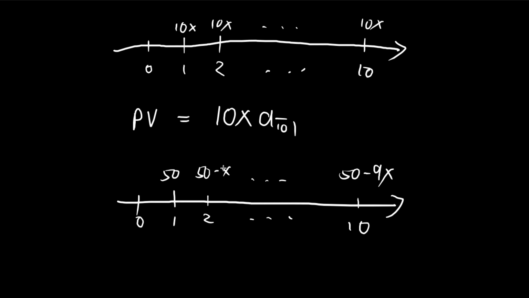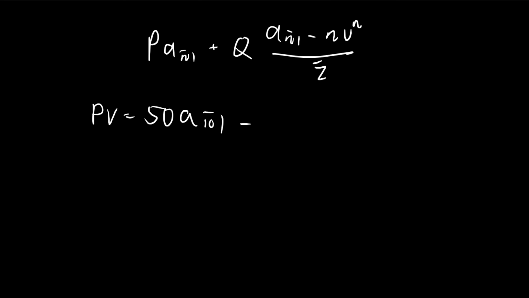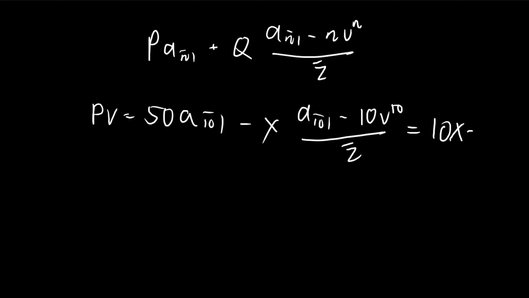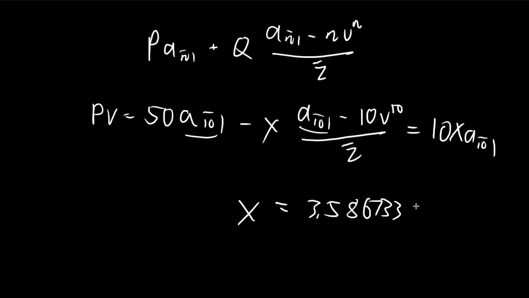Each change is minus x, so we just substitute minus x for Q, and then we arrive at this expression. Now all we have to do is equate this with Brutus's present value, substitute the numbers, and with a bit of rearrangement, you'll find that x is equal to 3.586733056. So this is the answer.